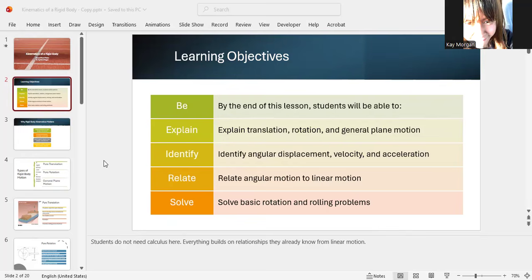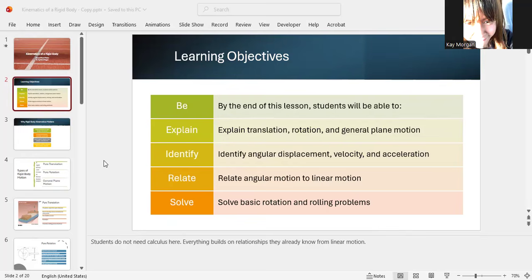These are the rotational versions of position, velocity, and acceleration that you already know from your linear motion in chapter 2. Then you should be able to relate angular motion to linear motion. Angular and linear are two different things, and that is a key skill that you need to learn.